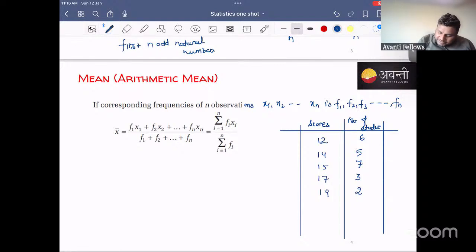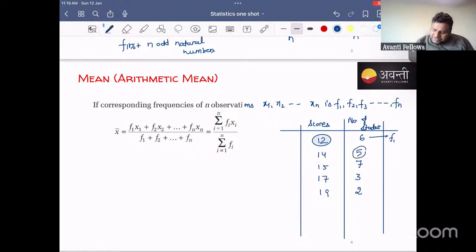That means this observation 12 has frequency 6. This score 12 is coming 6 times, as 6 different students got the score 12.